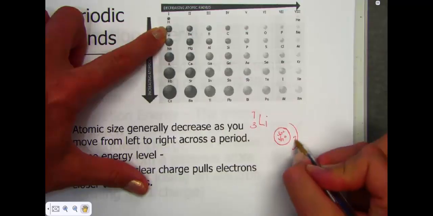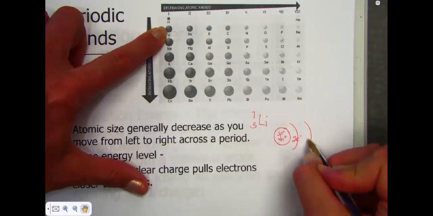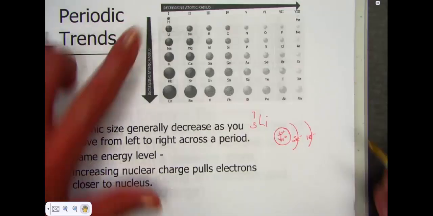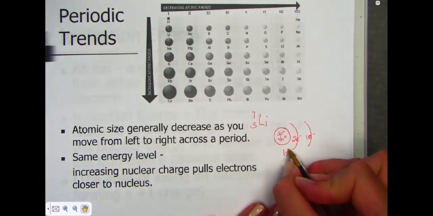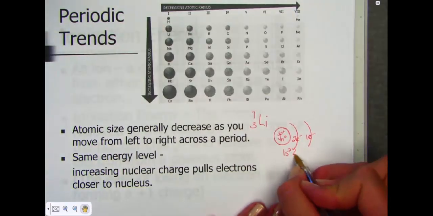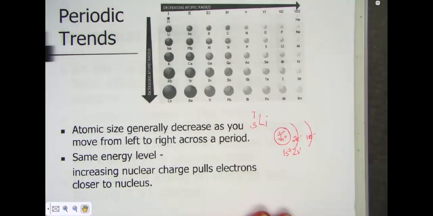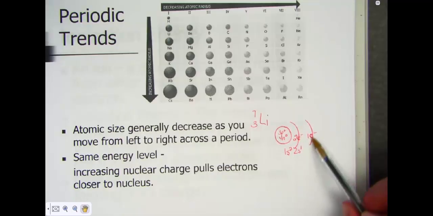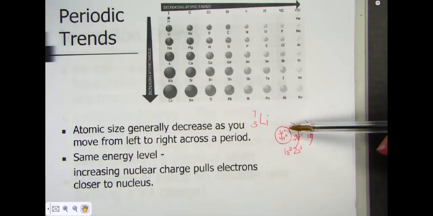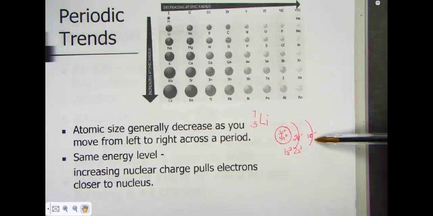In my first energy level, I place 2 electrons, and in the second energy level, I place a 3rd electron. We understand to write that better: 1s2, 2s1 would be the electron arrangement in the quantum mechanical model, or the Bohr model. Notice that 3 protons are attracting in 3 electrons.